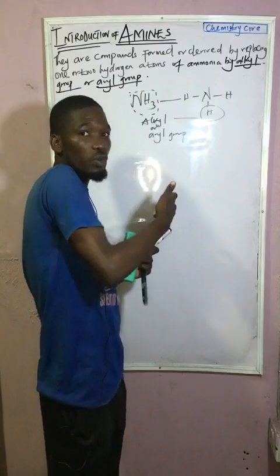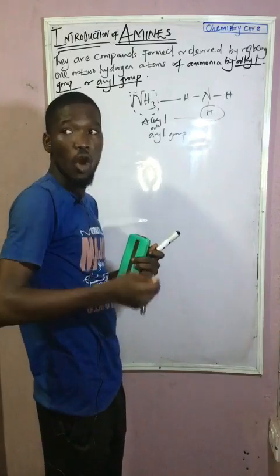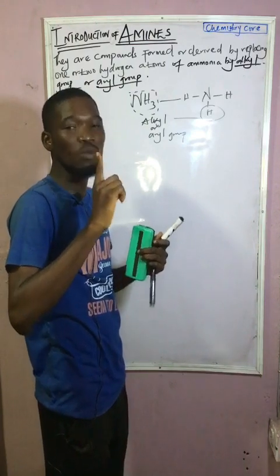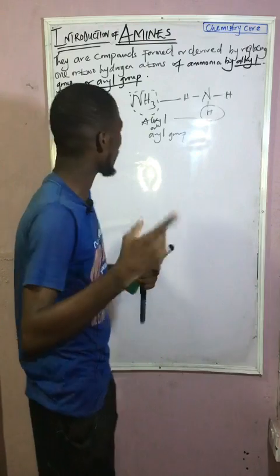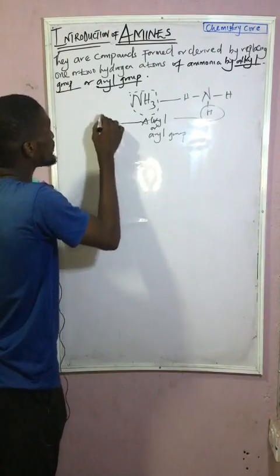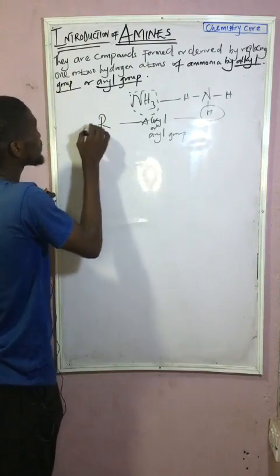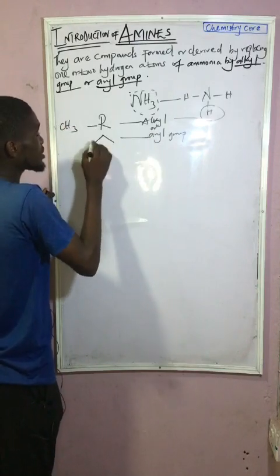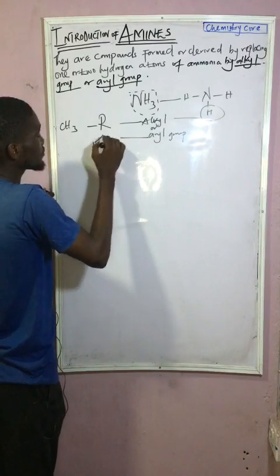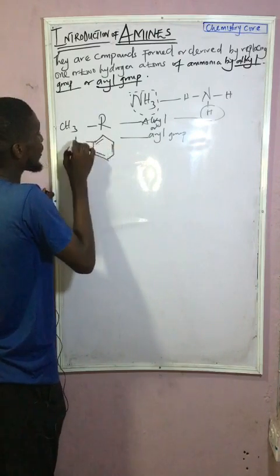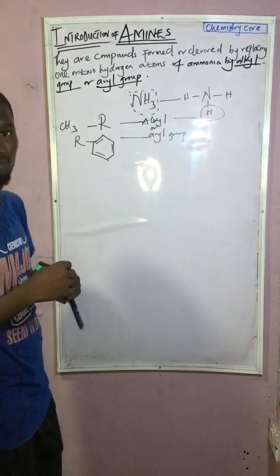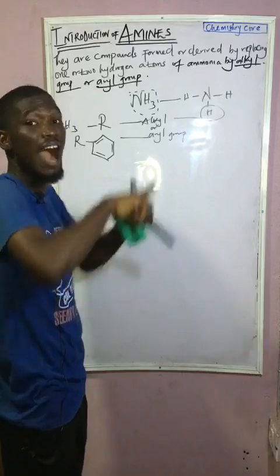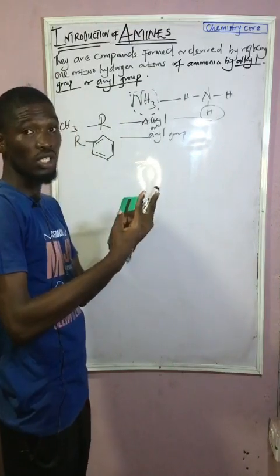While aryl group is the removal of one hydrogen atom from an aromatic group. For example, for this alkyl group we have R. The first member for this we have CH3. For this we have this, and we have R. That's for our group, because there are some compounds under these amines that have an aromatic compound.